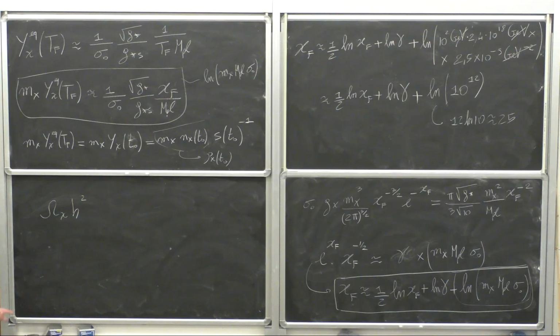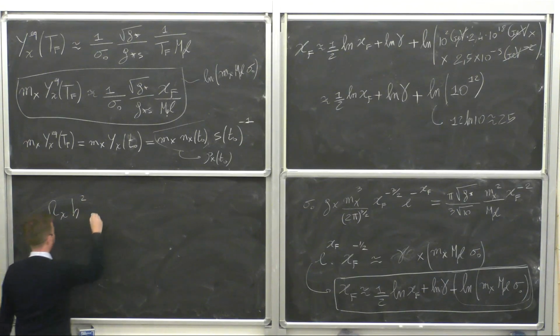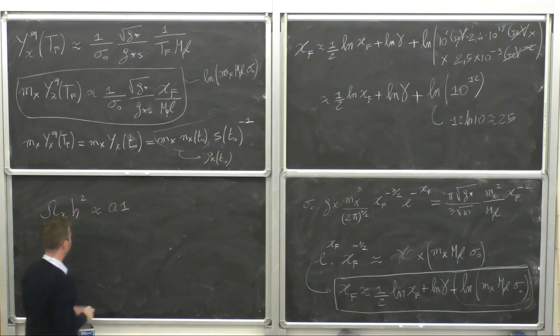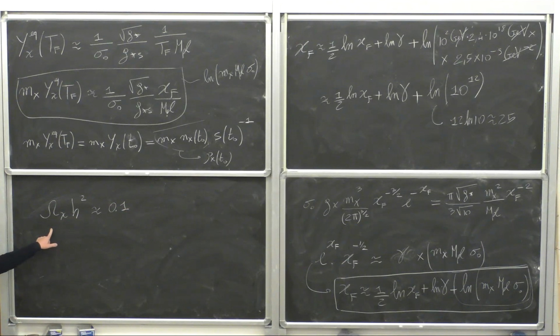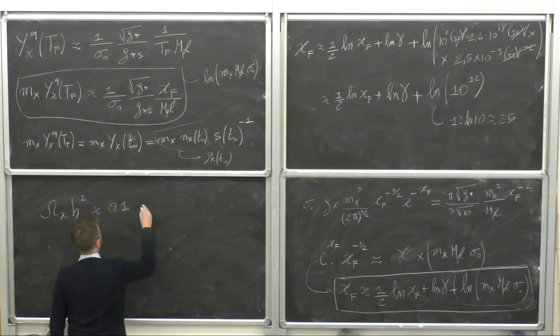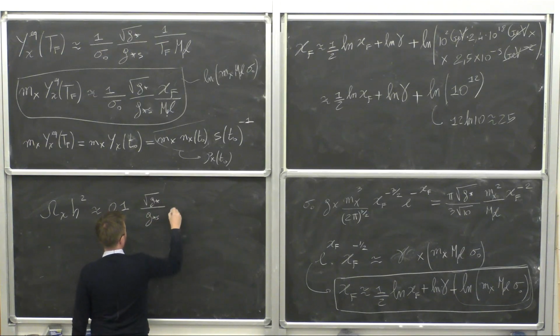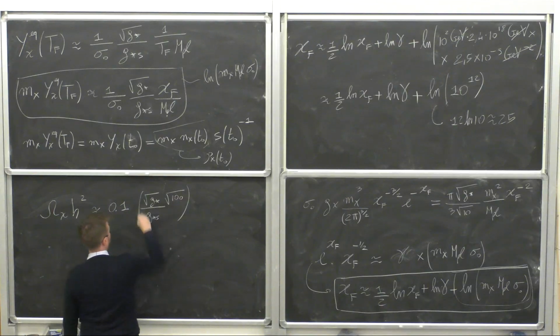this is the equation in the way that it's usually written. You can see that the omega h squared is 0.1, okay? Then you can put the square root of g star over g star S divided by the square root of 100, more or less.